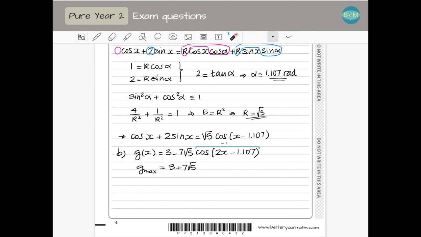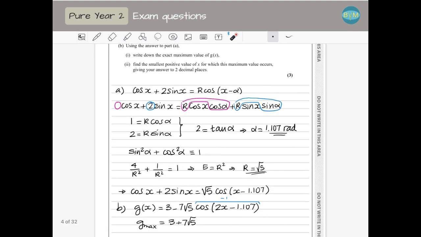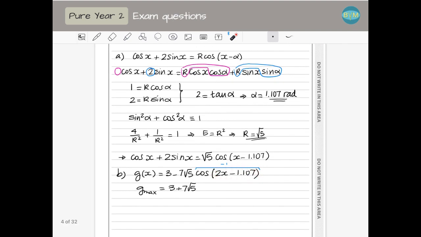Then they ask for the last part: find the smallest positive value of x for which this maximum value occurs, giving your answer to 2 decimal places. We need to find the value of x, but we know the cos of this expression is minus 1.